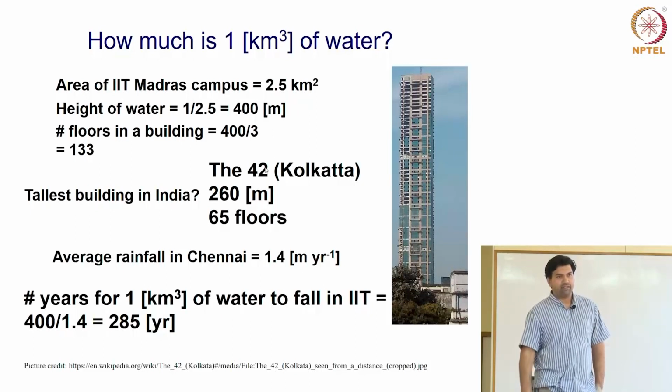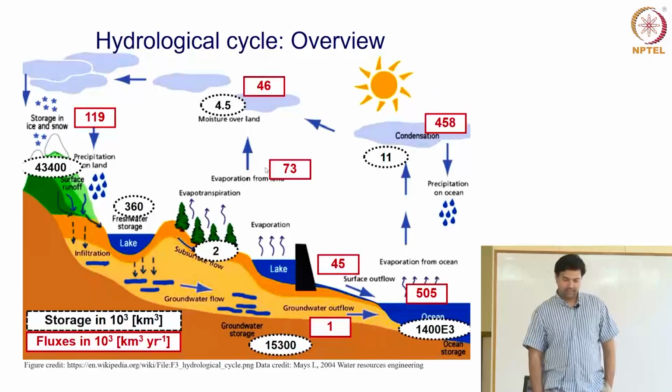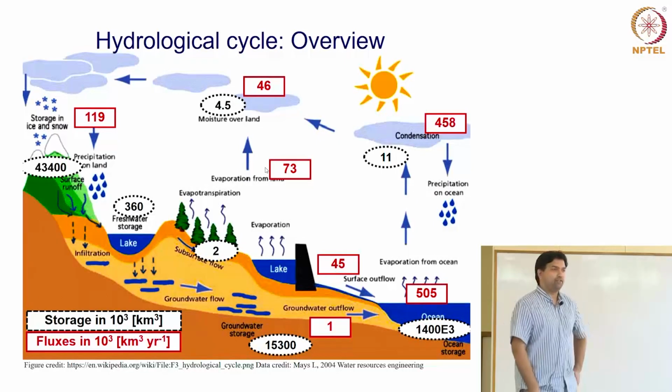About 285 years. So if it rains for 285 consecutive years and every drop of water that falls on campus is saved, that amounts to 1 cubic kilometer. It's a huge amount of water. I'm going to go back to the next slide and let you get a feel for the numbers.